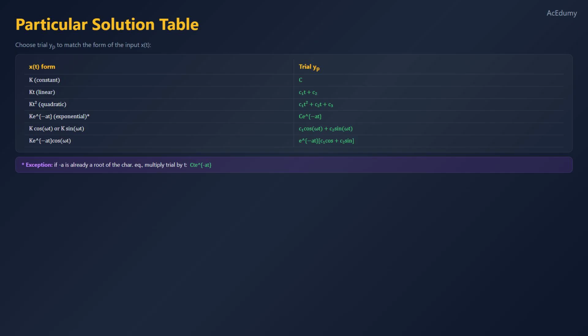If x is exponential, e to the negative at, try capital C times e to the negative at, but only when negative a is not already a root of the characteristic equation. For sinusoidal inputs of cosine omega t, try c1 cosine omega t plus c2 sine omega t. Substitute yp into the full equation, collect terms, and solve for the unknown constants.